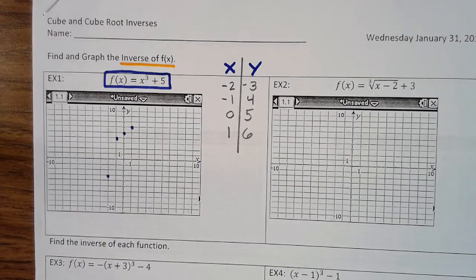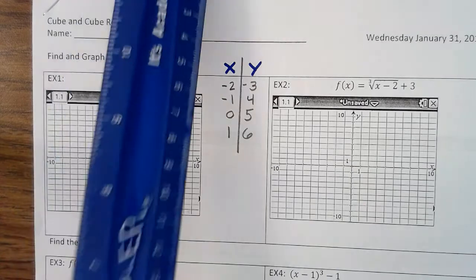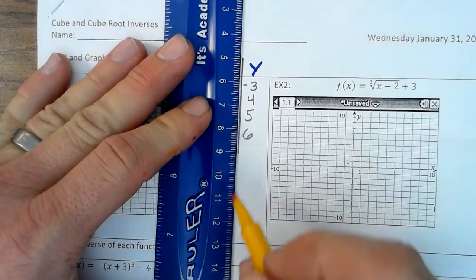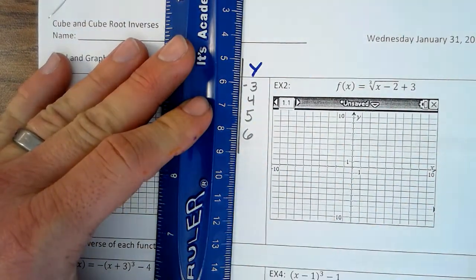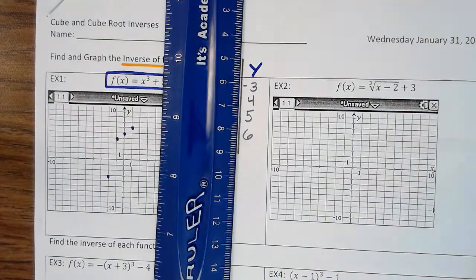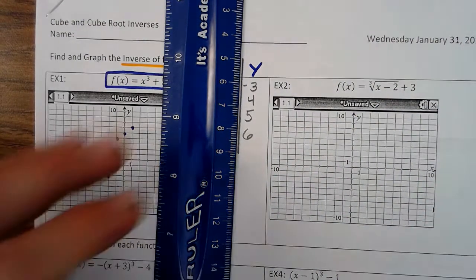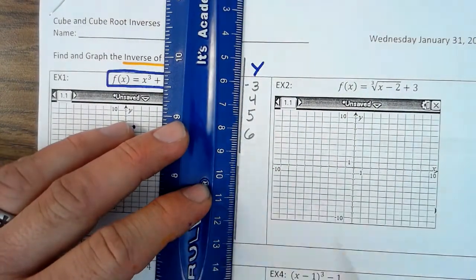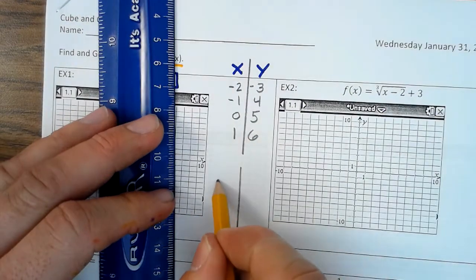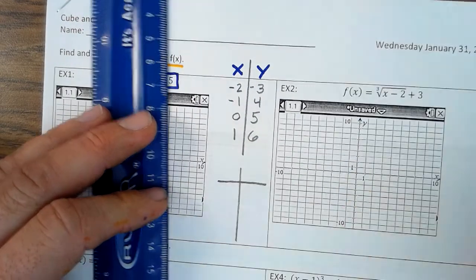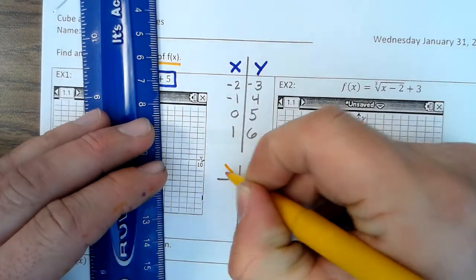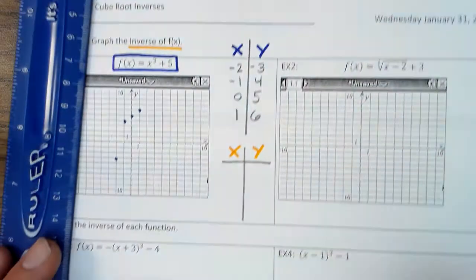All right, so in our notes, we know that all we have to do for the inverse is switch the x and y.